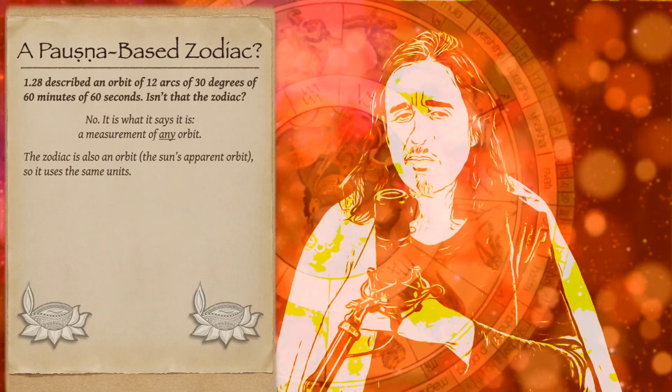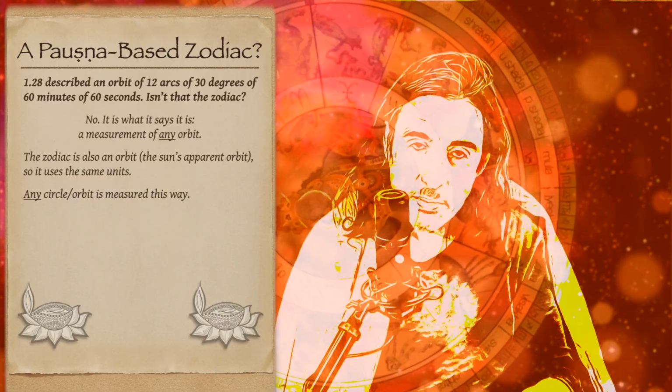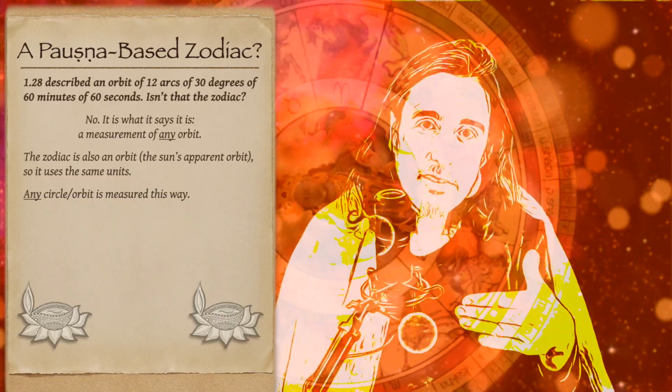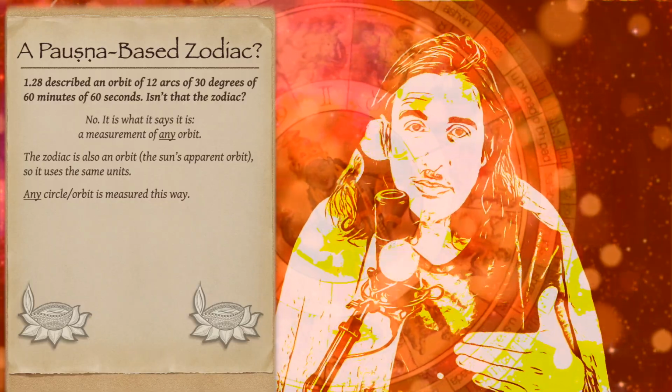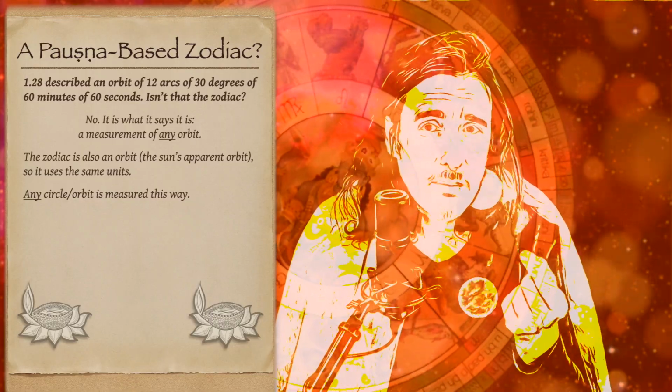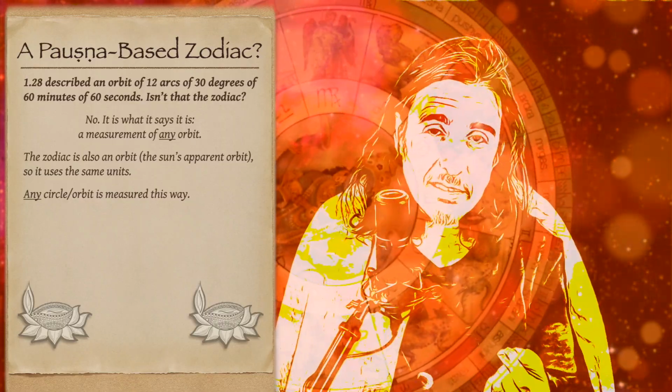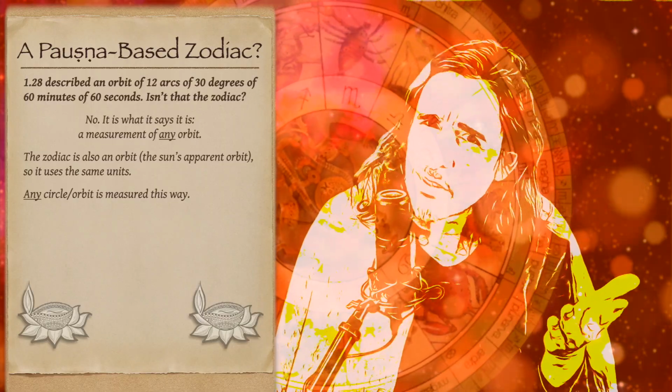We use this system to measure any circle, any orbital shape. Even if you're building the roof on a house, you measure it as 45 degrees. In fact, if you were in old India, you wouldn't even say 45 degrees, you would say 15 Taurus. Even though you're not talking about the zodiac at all, you're just talking about measurements of a circle.